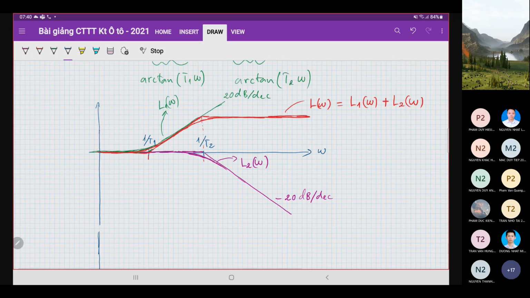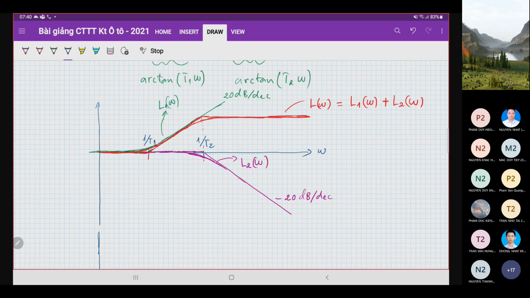So if we look at the magnitude diagram, we will see that at the low frequency and the high frequency, the output signal is proportional to the input signal, and this factor is almost constant.